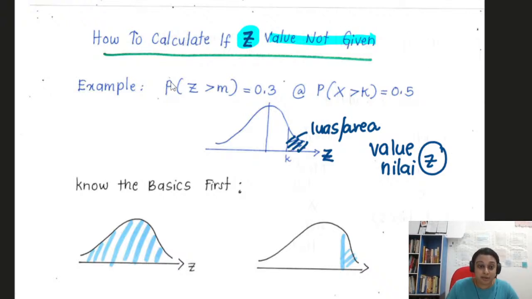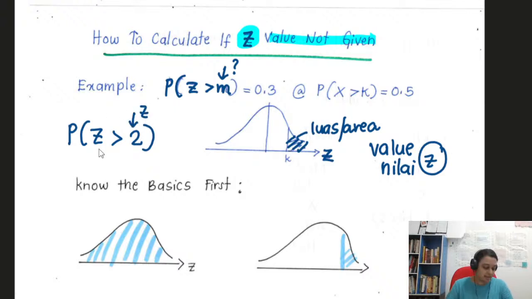You can know because of this. Okay, see here, Z lebih besar daripada M, isn't it? Z is bigger than M. M, do we know what is M? We don't know, right? So this is actually they did not give you the Z. But if they give like this, Z bigger than 2, that means this 2 is actually the Z. The number 2 is the Z.